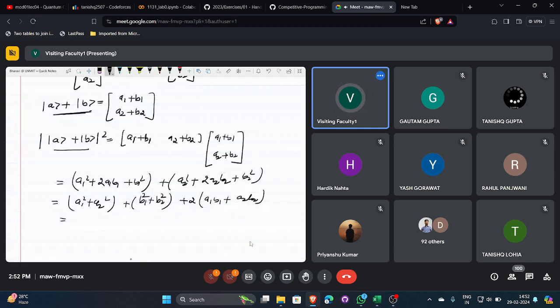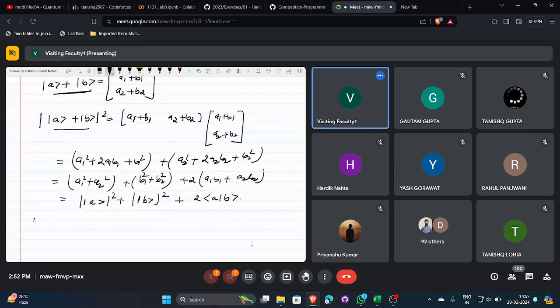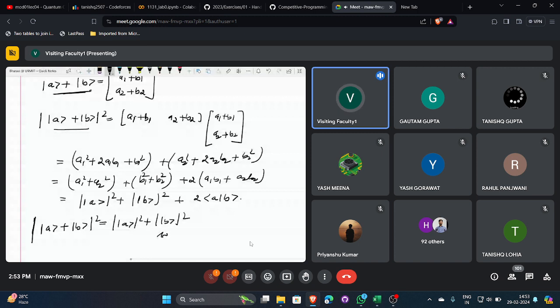This is the vector A length, this is the vector B length, and this is the combination of A and B. For satisfying the orthogonal law, we require this to be equal to this. So 2AB is equal to 0.